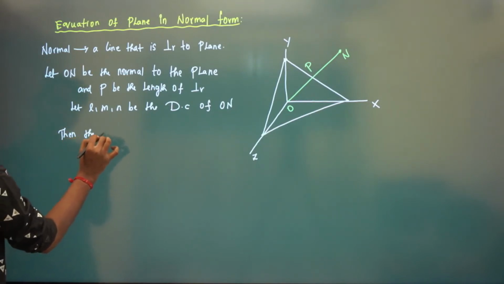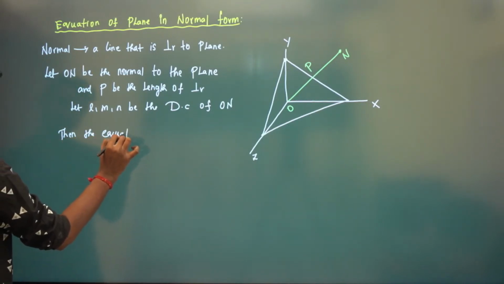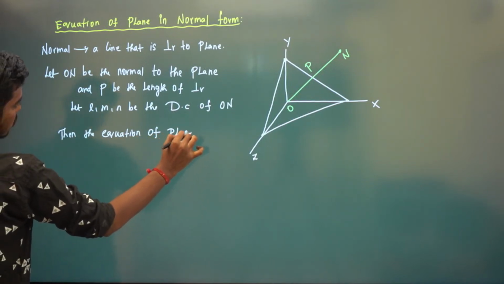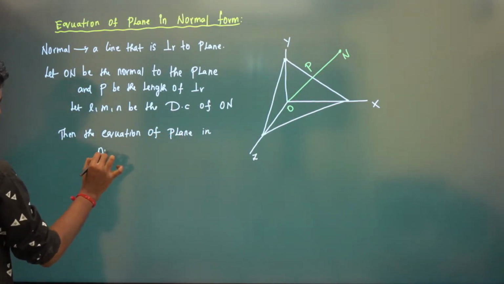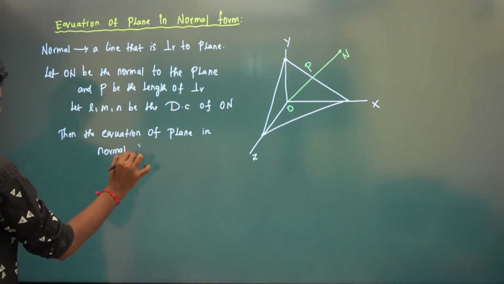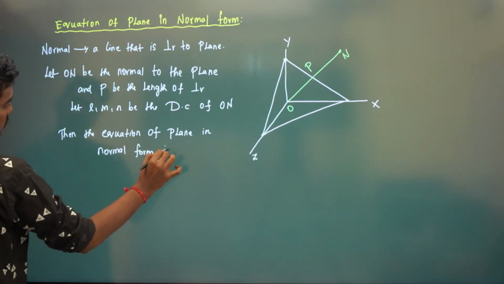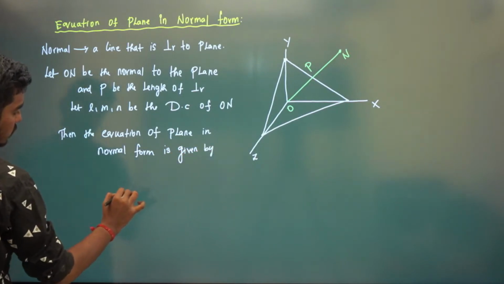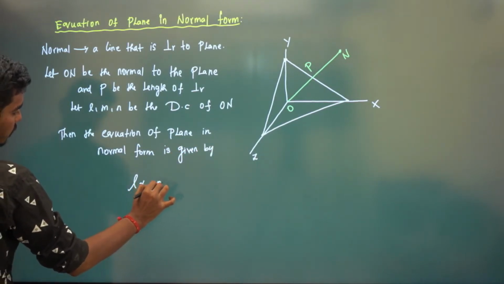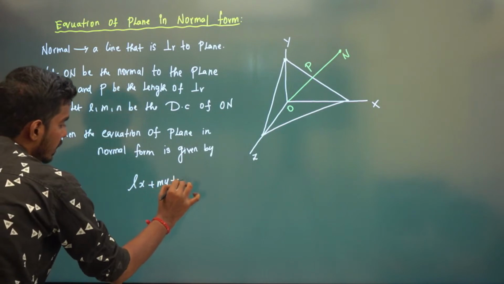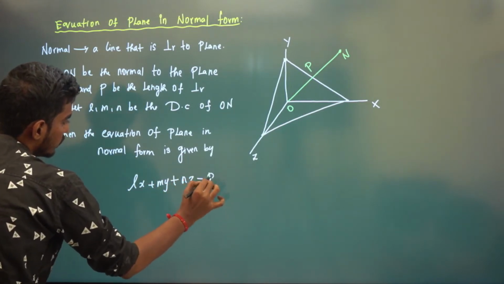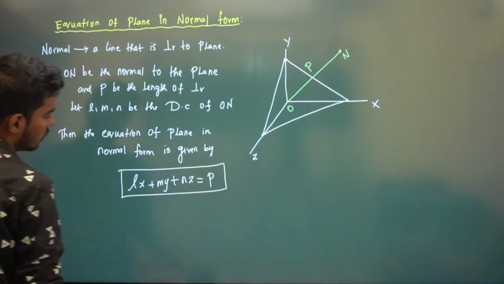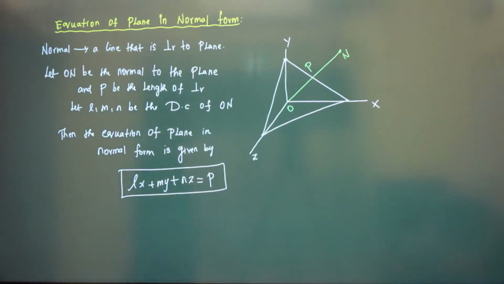The equation of the plane in normal form is given by Lx plus My plus Nz is equal to P. This is the equation of a plane in normal form. Remember this equation.